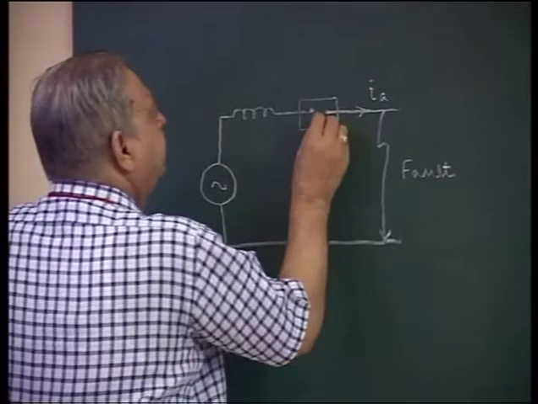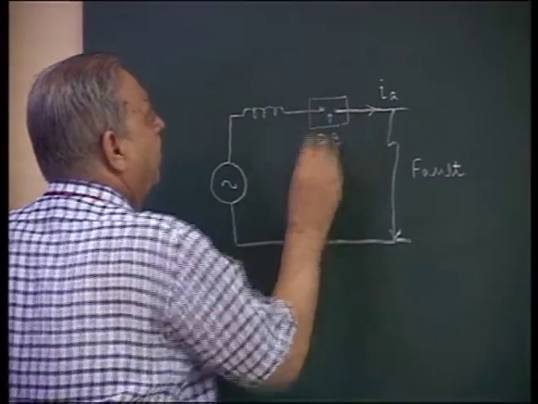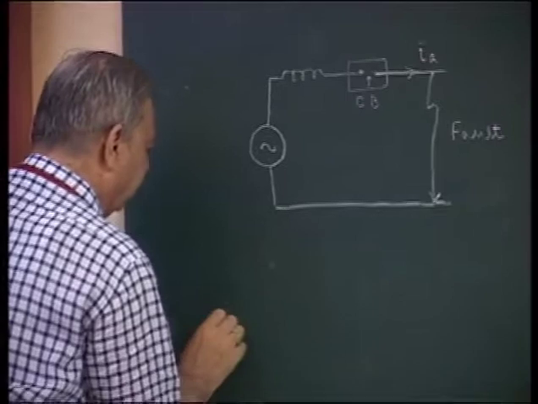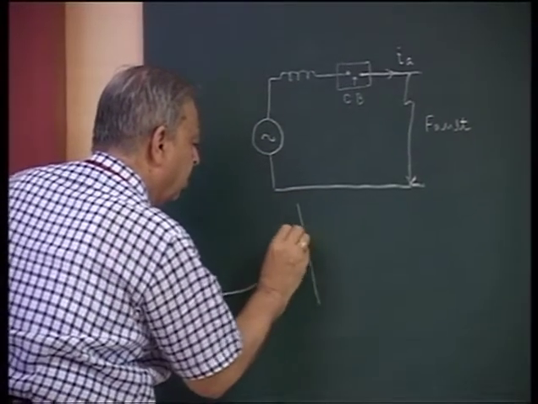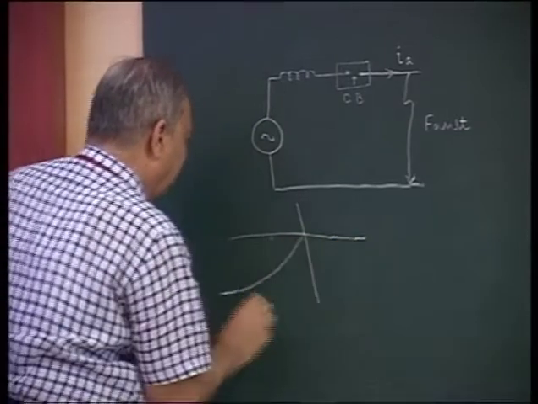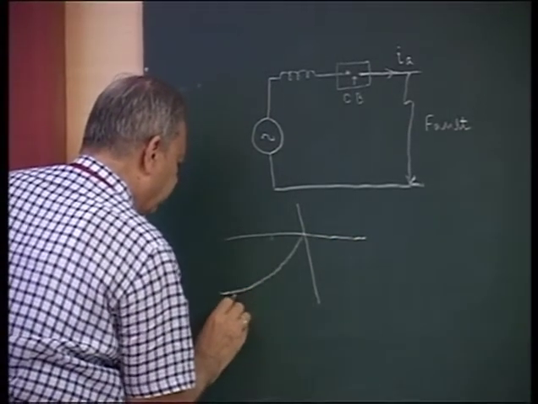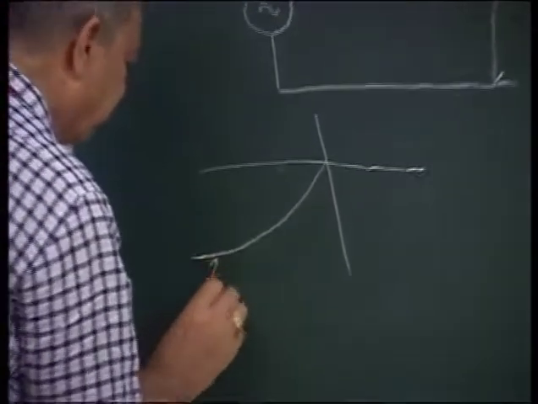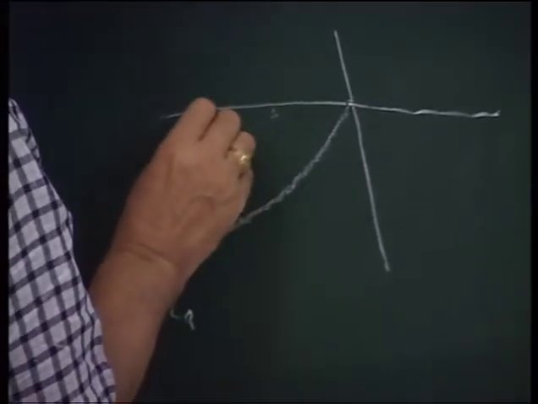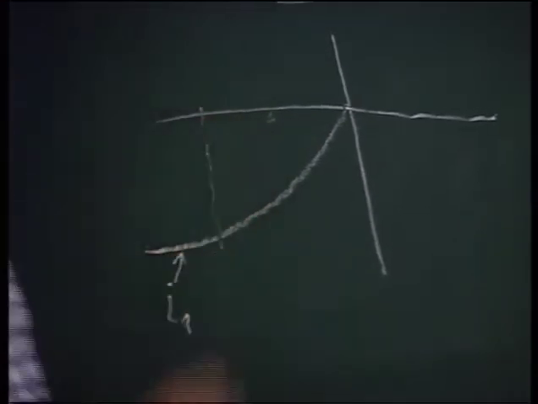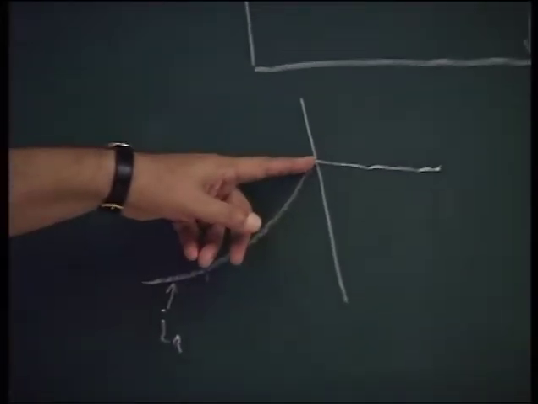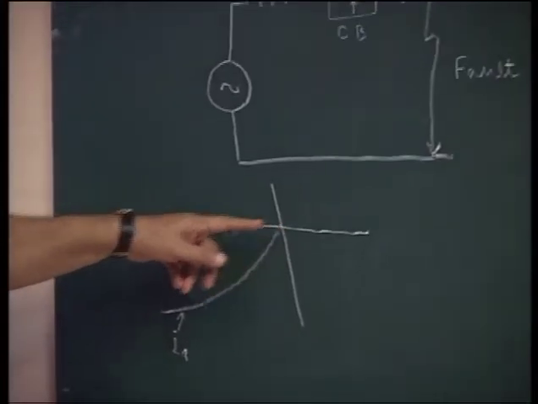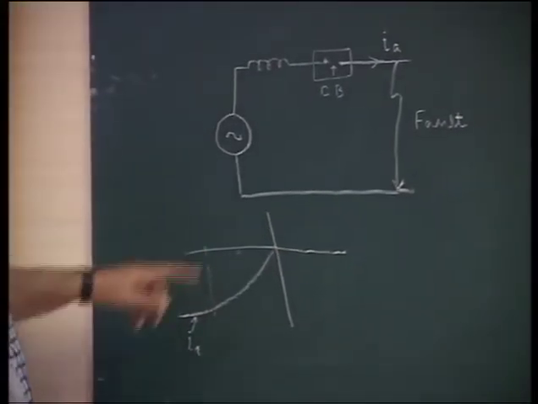And if the arc is blown out somewhere here itself, where the current IA has not reached natural current zero, but before that we are blowing it out from here.